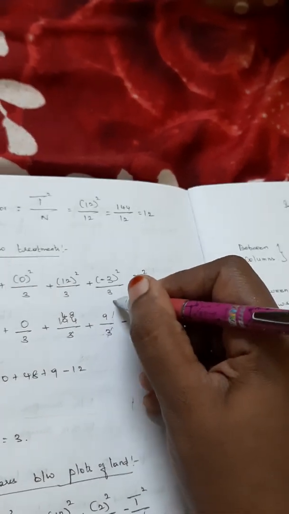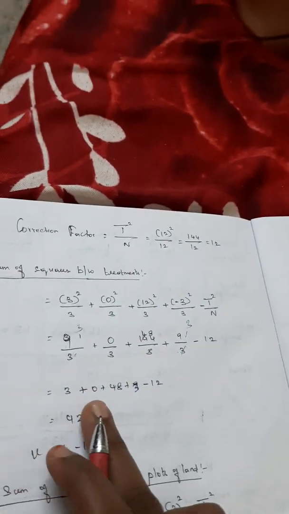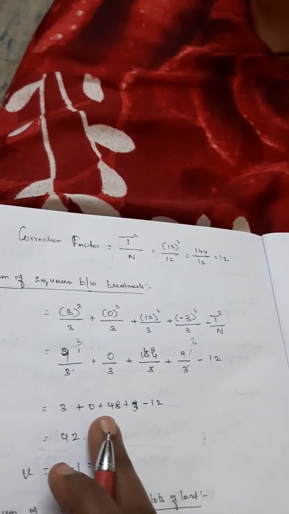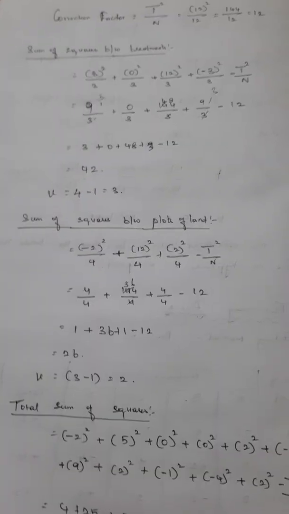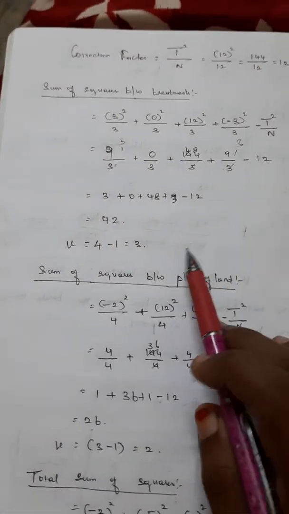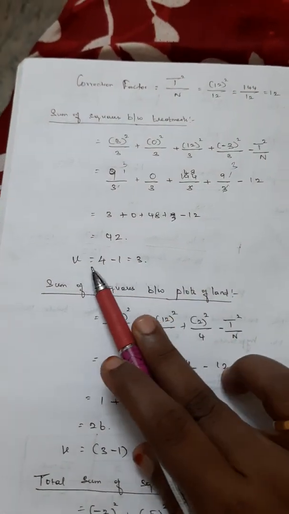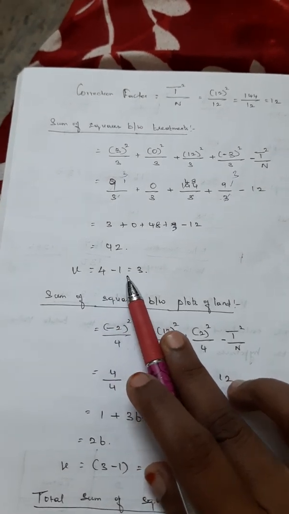So 3 plus 0 plus 48 plus 3 is 54, minus 12 gives 42.